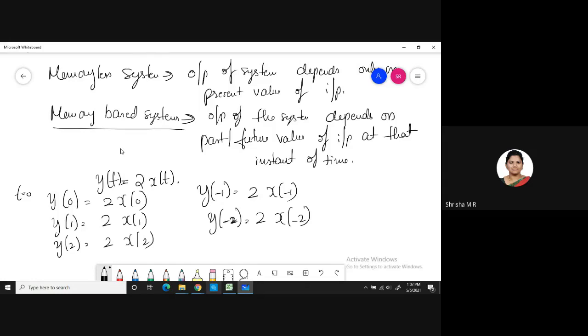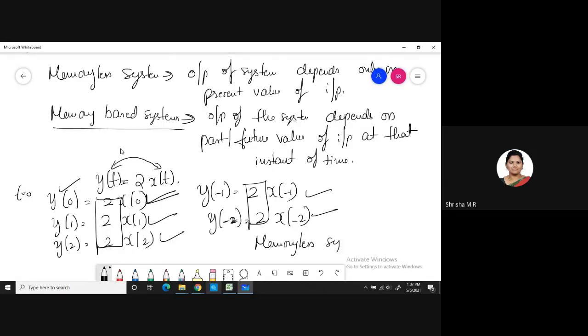So what is happening here? y of t is a function of x of t. Correct? So present output is depending on present input only. This 2 that you have here is a coefficient. Don't worry about this coefficient, just check the x of t, input alone. So it is a memoryless system. Why? Because the present output is depending only on present input.